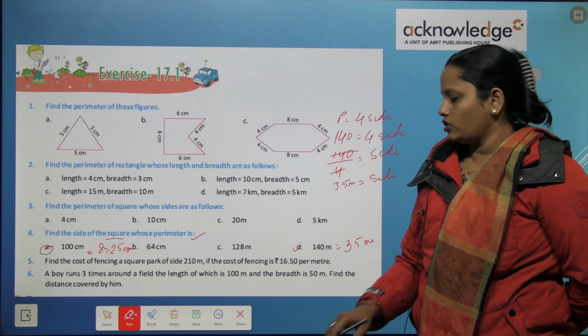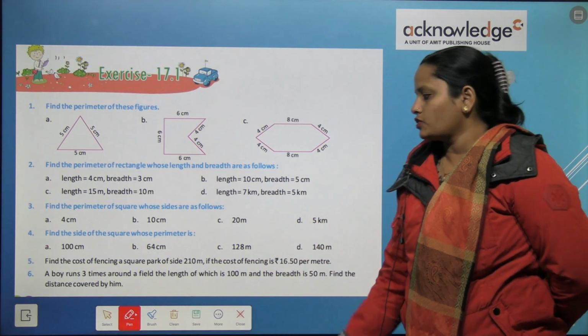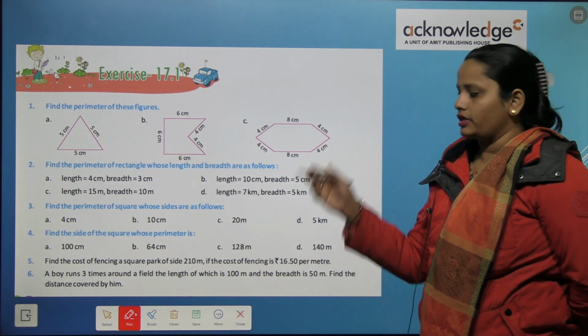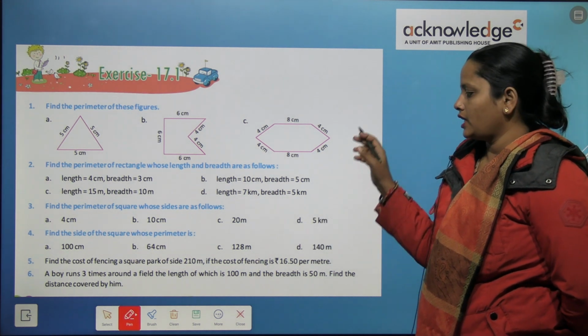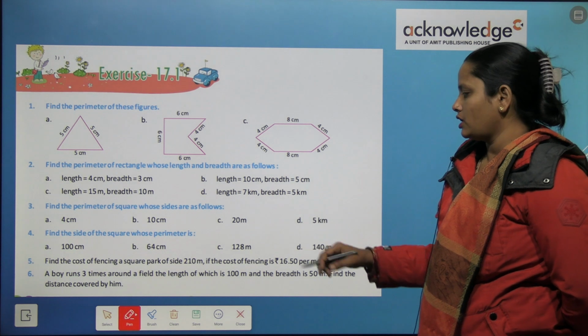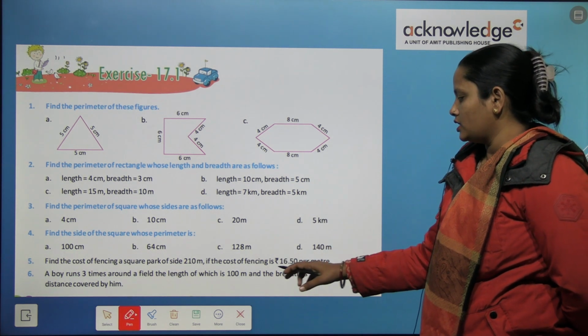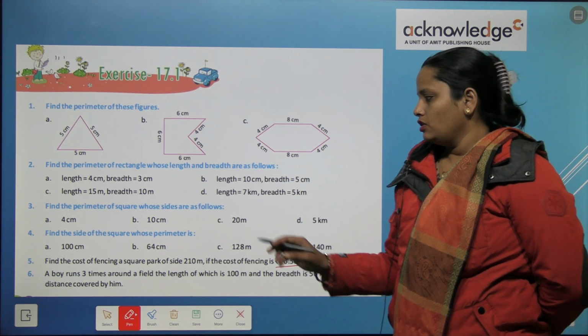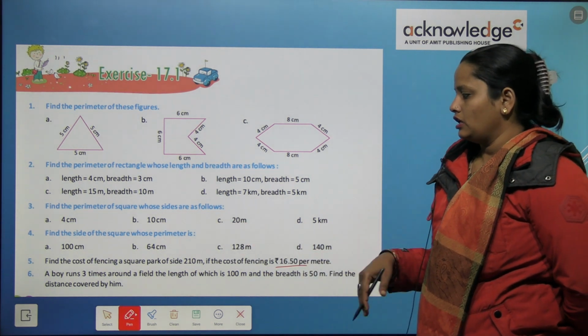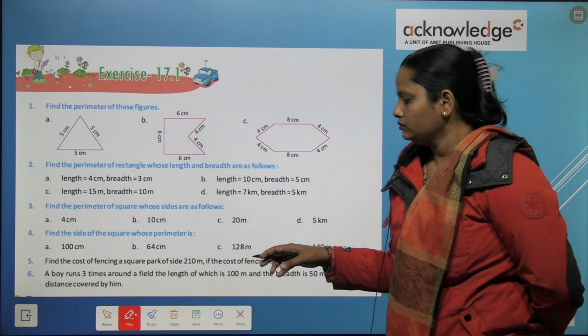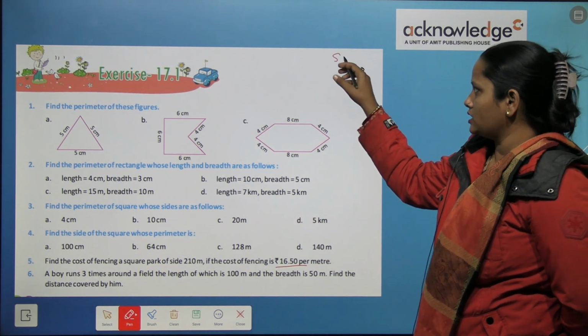Here we have to find the cost of fencing a square park of side 210 meter. एक स्क्वायर पार्क है जिसका साइड 210 मीटर है. And if the cost of fencing is this much per meter, we have to find the cost of fencing the whole square park. So side is given.